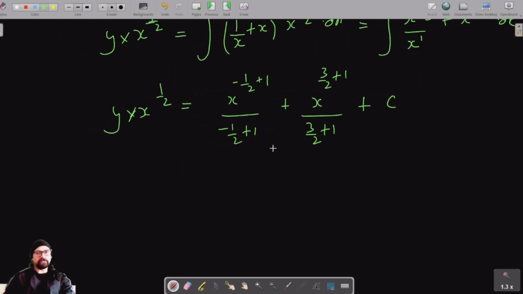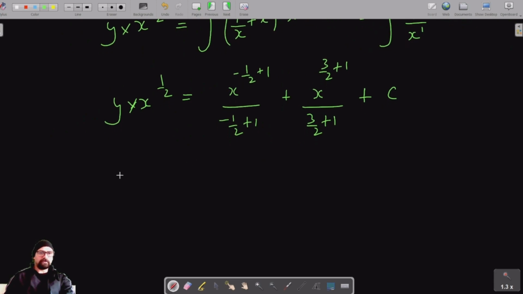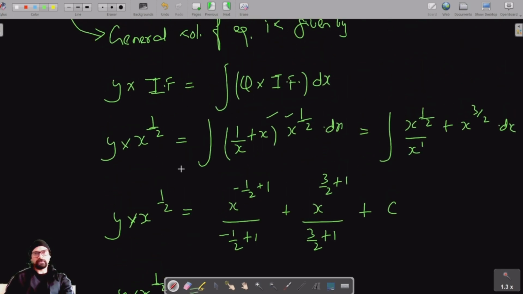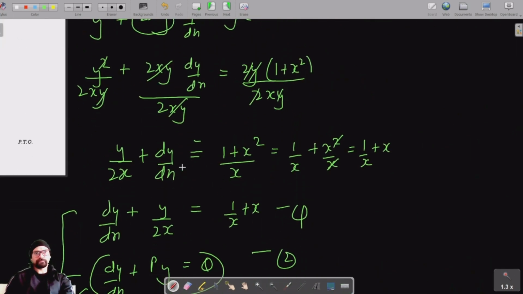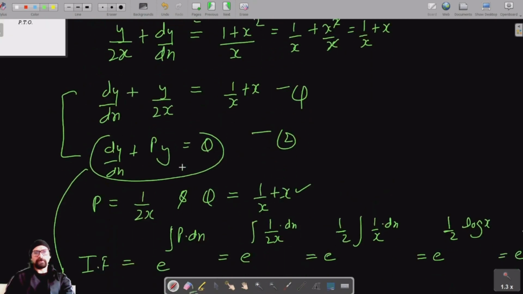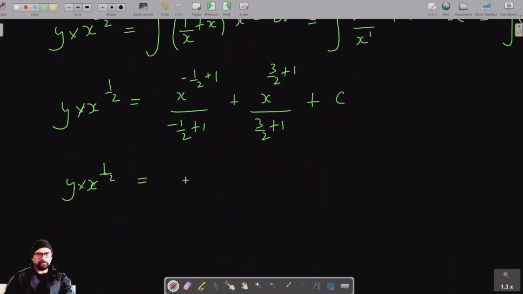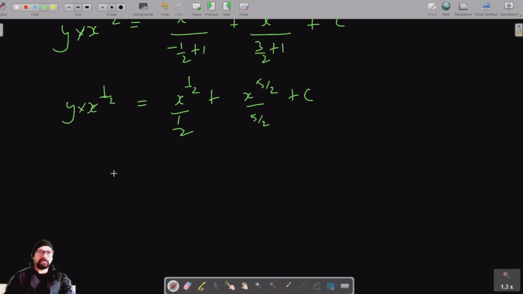And let's add the integral constant. So this is equal to x raised to the power minus half plus 1, which is half, and 3 by 2 plus 1 is x raised to the power 5 by 2, upon 5 by 2, plus c.